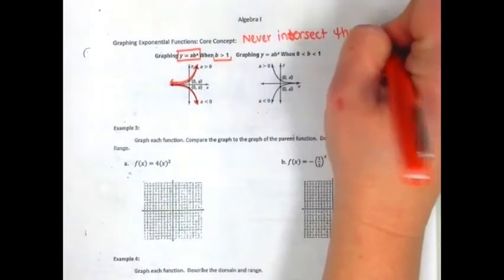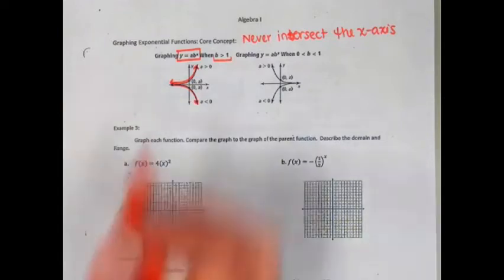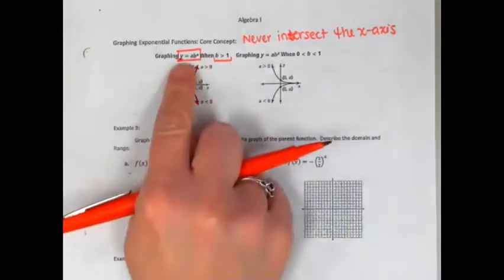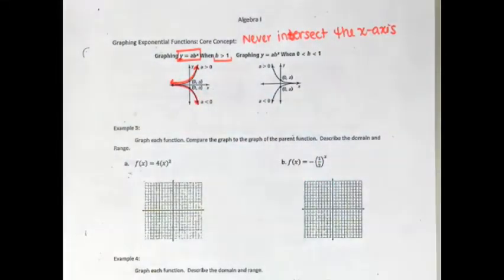So if I ask you to graph things and you cross the x-axis, I'm going to mark it wrong. It will always approach, but never cross the x-axis. Why? When you do this, would we ever get 0? No, because a can't be 0, can we? Our y can never be 0 in this sense.